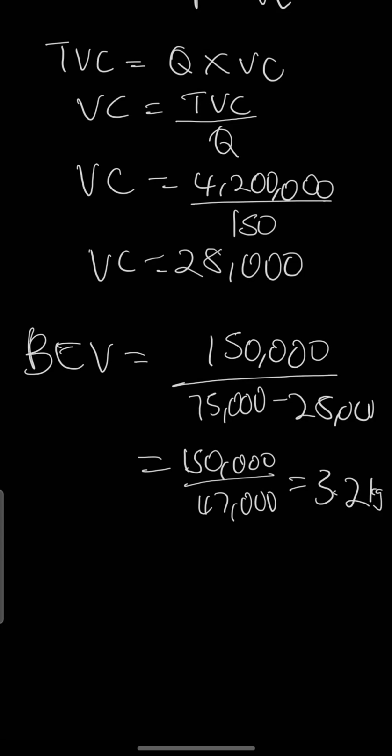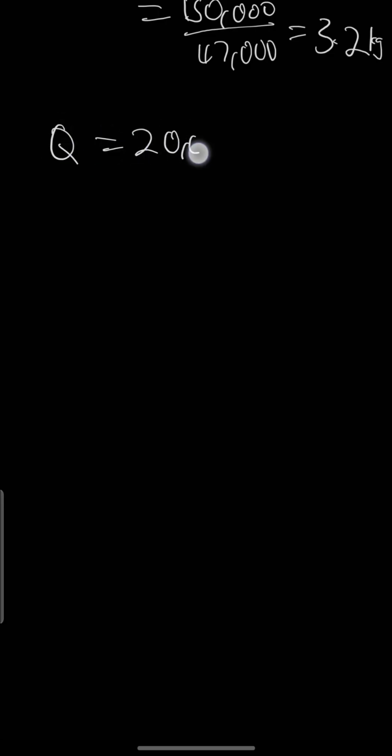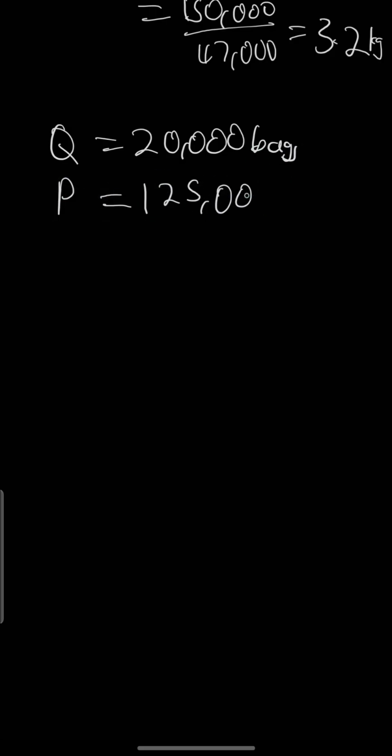As simple as that. Let us do this one now. The question is saying, assume a poultry feeding company expects to produce and sell 20,000 bags in the coming year, at a price of 125,000 shillings per bag.